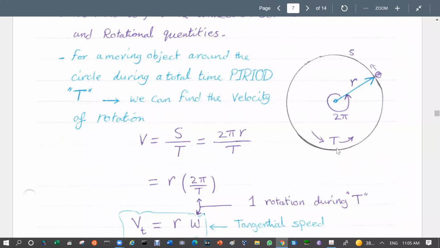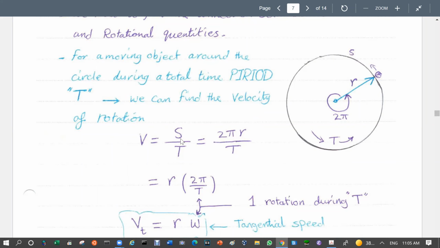During a time, capital T, which is the period. So the angular speed is 2 pi over T. But we have the radius R that will connect our angular motion with the linear motion.